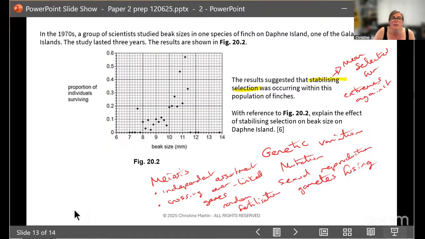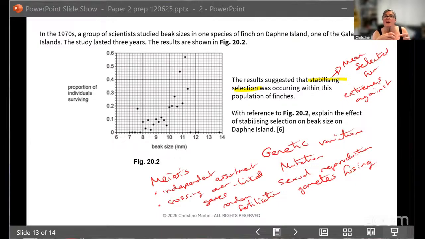So when you look at natural selection, you're looking at the fact that you have the overproduction of the offspring. Those extreme beak depths are less likely to survive. You can see that in the diagram. How do we know?